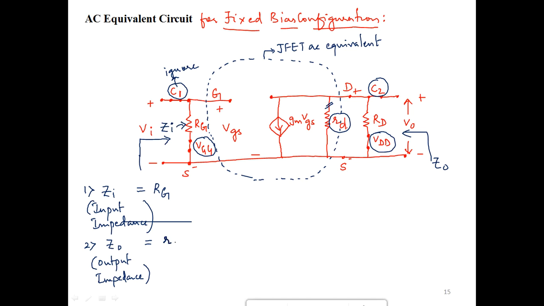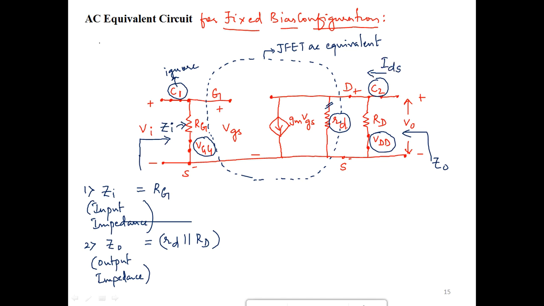So I'll have to write small rd in parallel to capital Rd. That is the output impedance offered. Since these two are in parallel, I forgot to mention the current here. That is the current Ids, which is flowing through the circuit.